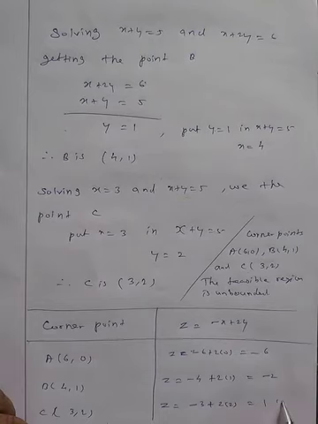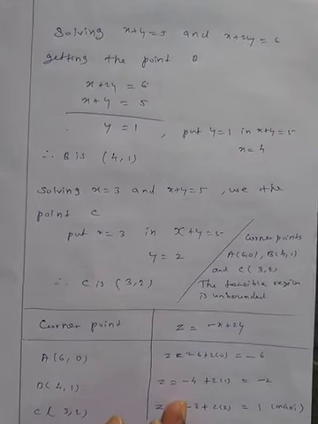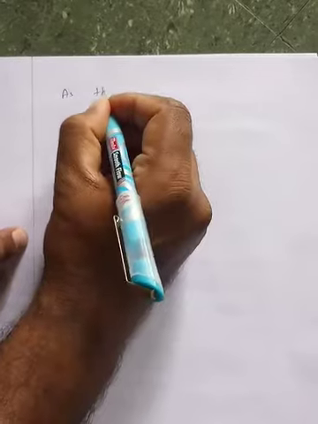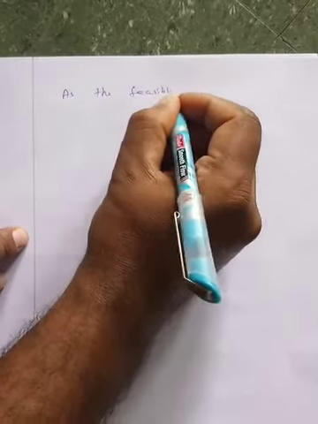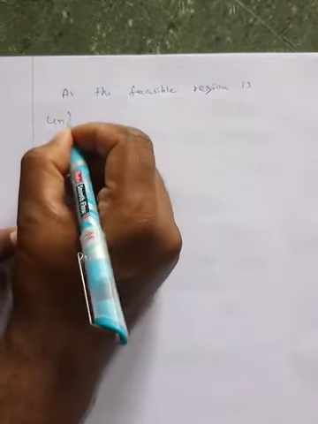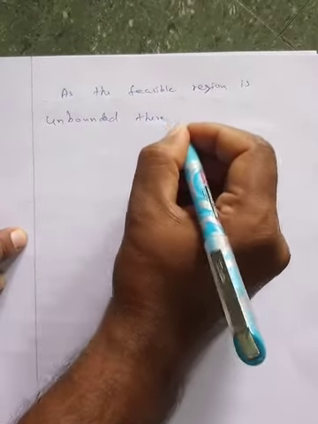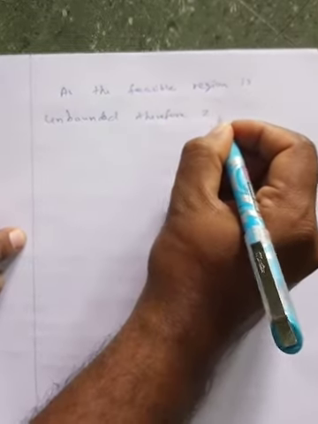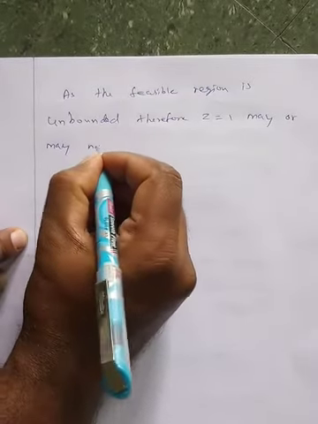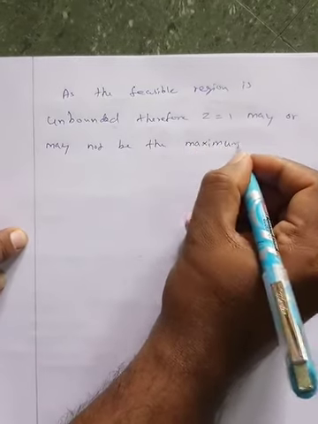So here this is the largest value, but as the feasible region is unbounded, z is equal to 1 may or may not be the maximum value.